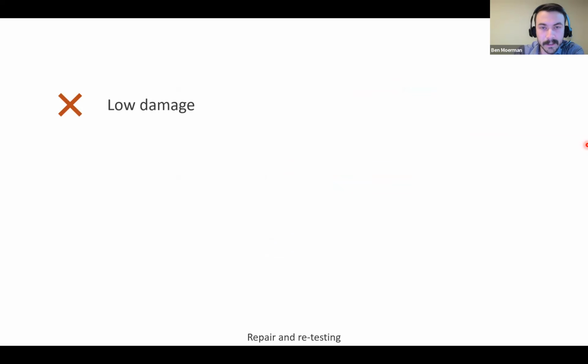I want to caveat this repaired test by saying this is not really a low damage system. There's been a lot of money and manpower spent on studying low damage systems, and in my opinion, I wouldn't quite qualify this as being low damage or functional recovery. I don't think this system fits within that paradigm.